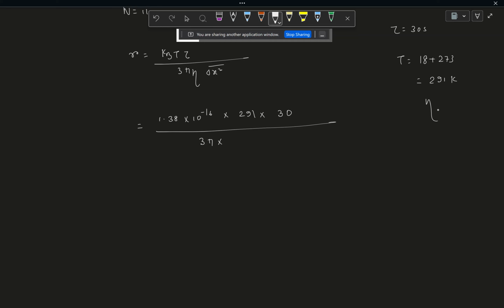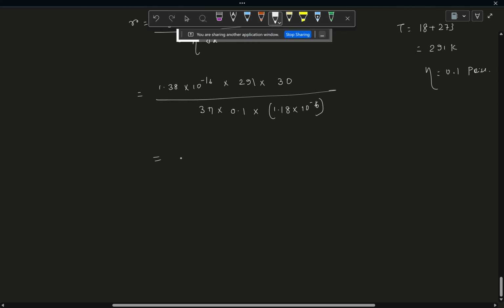Eta was mentioned in the question as 0.1 poise, right? So this is also directly in CGS unit, so use that directly, 0.1 into the mean square deviation, which you calculated as 1.18 into 10 to the power of minus 6, right? Yeah.